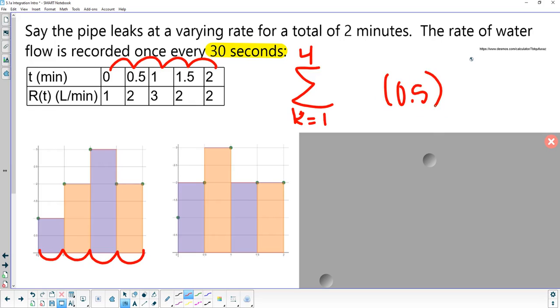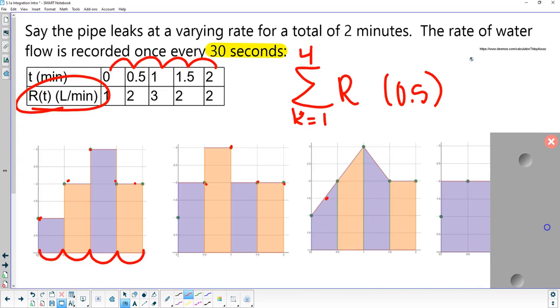Now, what varies? The height. And even that depends on what method I'm using, right? But the point is I grabbed the height from that row. Agree with that? From the rate function. So I'm going to say the height is coming somewhere from this table, depending on what method I choose.